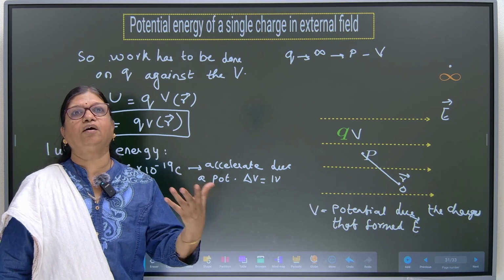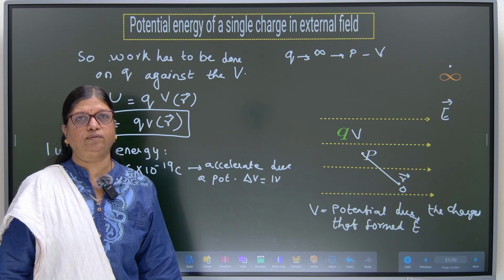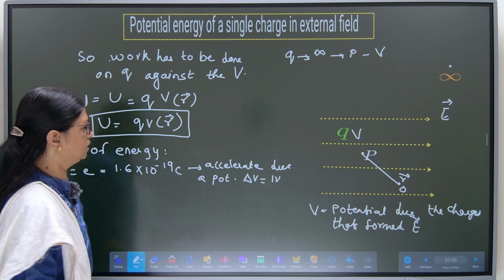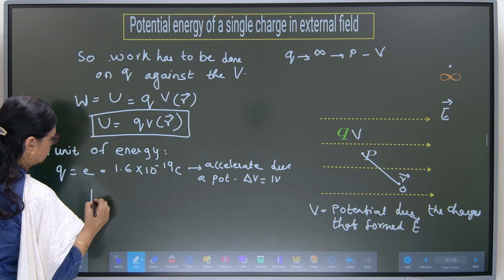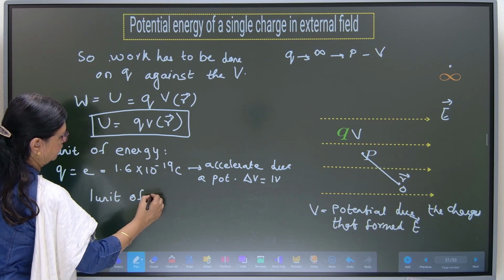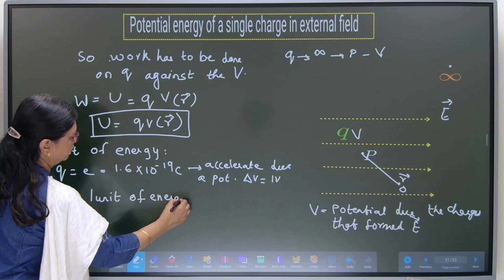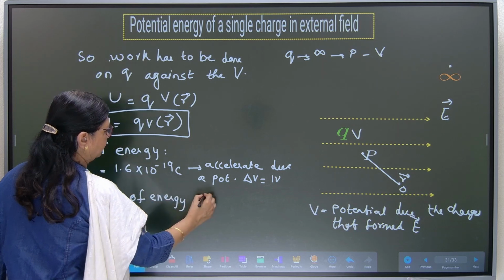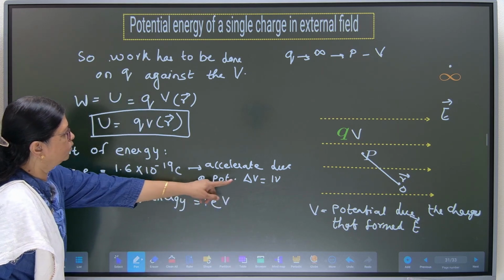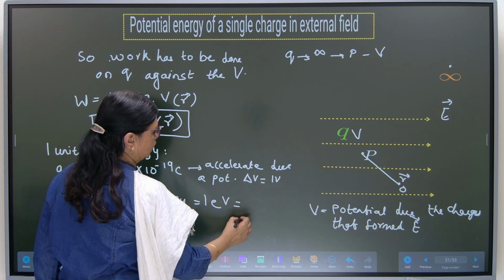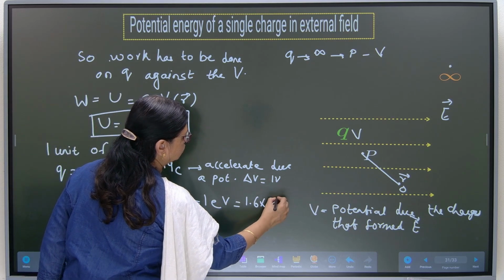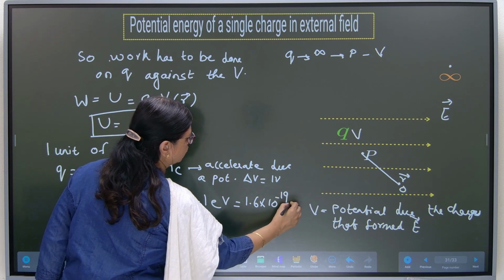Then the energy stored or the work done on this charge e is called as 1 unit of energy, which is equal to 1 electron volt, which is equal to 1.6 into 10 raised to minus 19 joules.